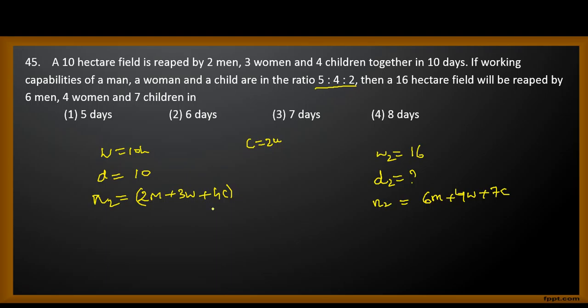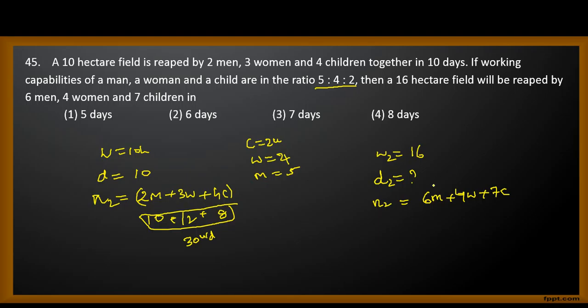Now 4 children will do 8 units. 3 women means 3 into 4, 12, and 2 men is 10. So total efficiency, they are using 30 units per day.